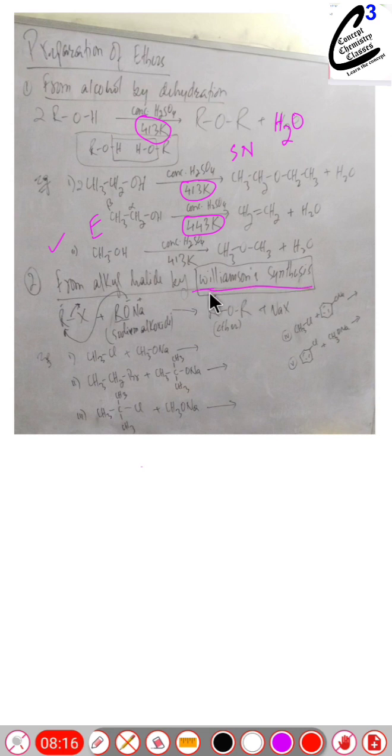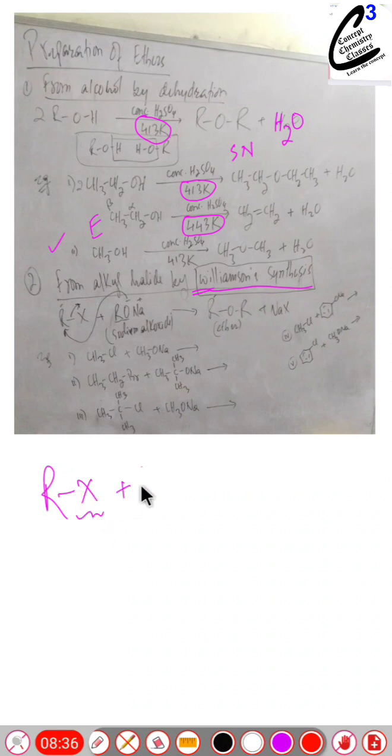This is very important for examination. It is frequently asked in your council or board exam. So when this alkyl halide, any alkyl halide, X has to be chlorine, bromine, or iodine, not fluorine. Alkyl fluoride is very less reactive.